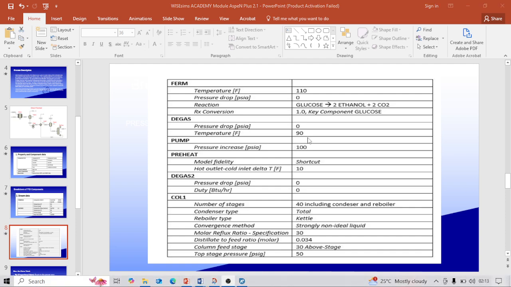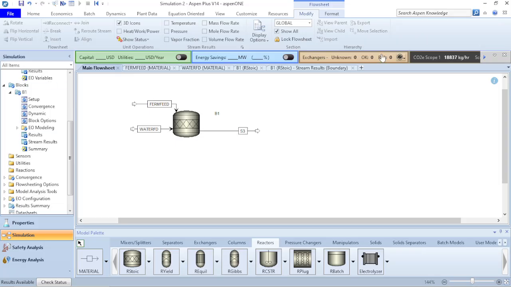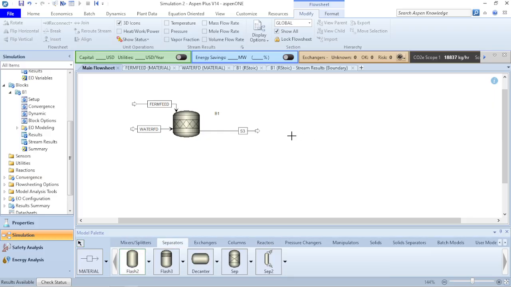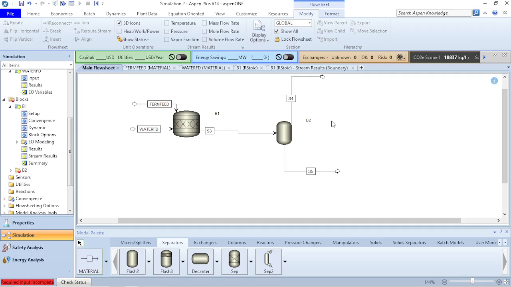Okay, so let's go back. From here, just need to add the separator. So these are the product streams we are looking at. Remember the operating condition.